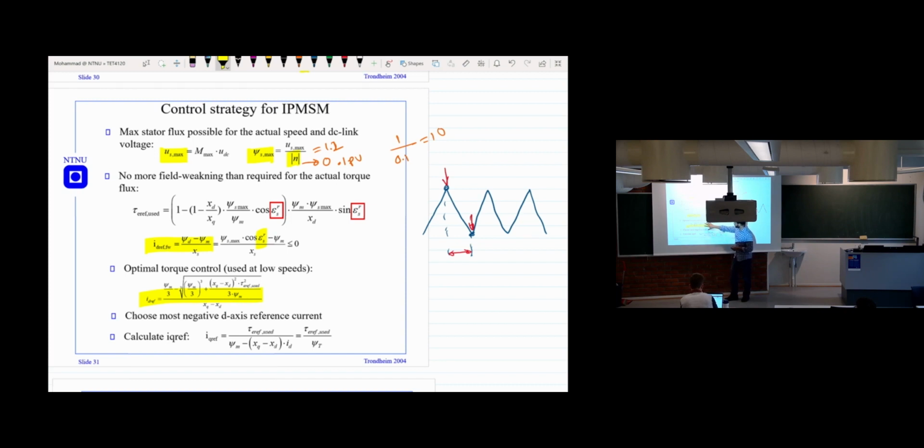So if you solve the fourth order equation, then you get this IDref equation, and then we calculate the IDref, either by this one or that one, and we will take the most negative one between these two. Once you have the most negative one, then you also calculate the IQref from here based on the torque reference. So we'll put this in the software.